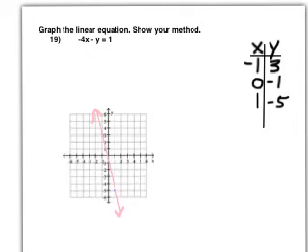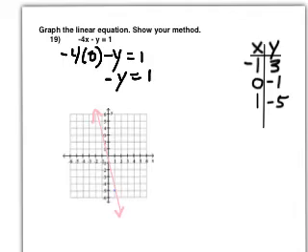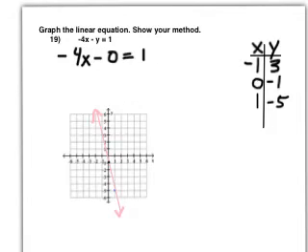The next method we learned was finding the intercepts, so we'll do that. We'll stick in 0 for x. Okay, so negative y equals 1, so y equals a negative 1. So there the y-intercept is negative 1. We already have that right there. Okay, and now we'll stick in 0 for y. So we have a negative 4x minus 0 equals 1.